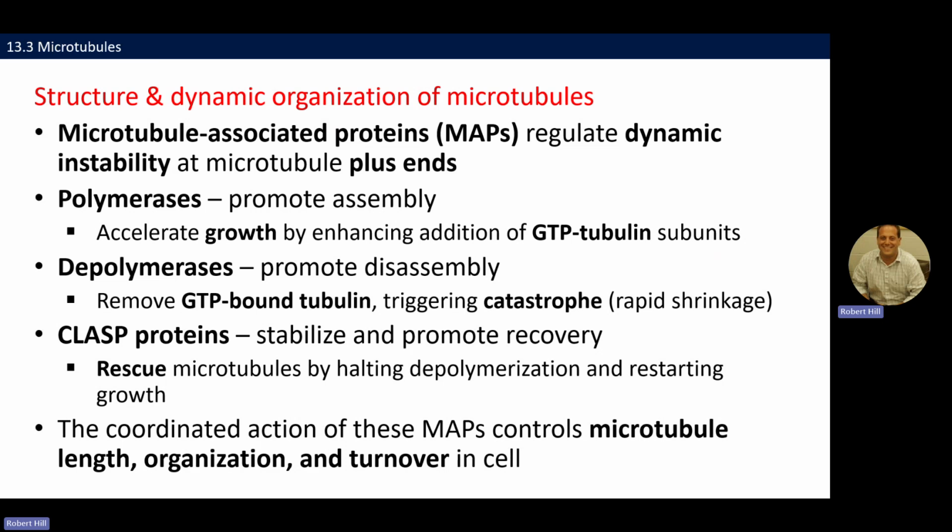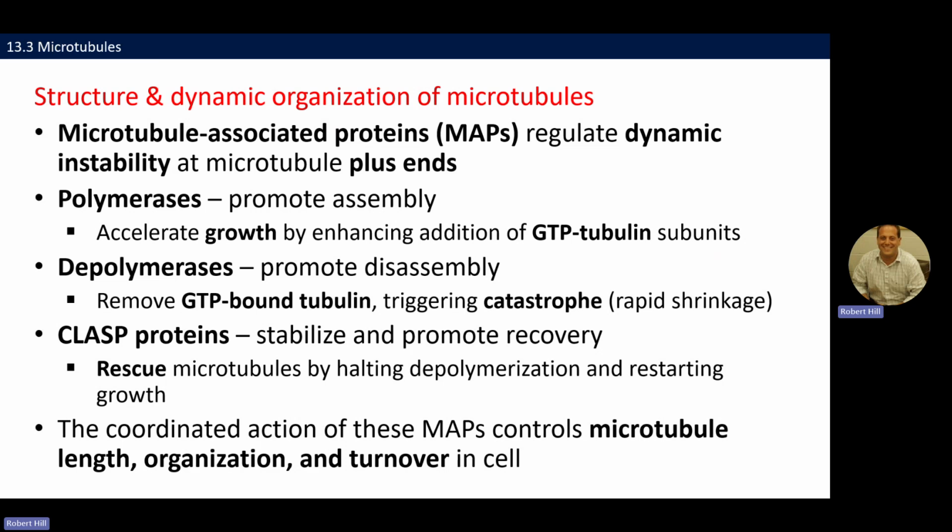All right, there's different types. You've got the polymerases. These accelerate growth by increasing the rate of the GTP tubulin addition, which sounds pretty generic, but that's basically what they do. You've got the depolymerases, which remove GTP tubulin subunits from the plus end, and that promotes catastrophe and eventually disassembly. And then finally, you have class proteins, which have a completely opposite effect by stabilizing the shrinking microtubule and facilitating rescue.